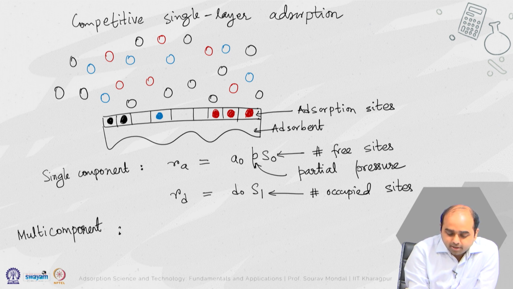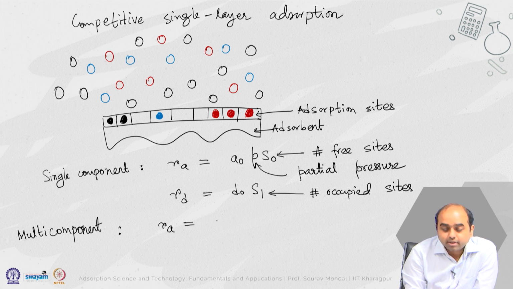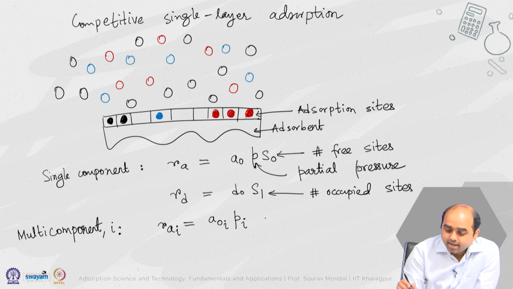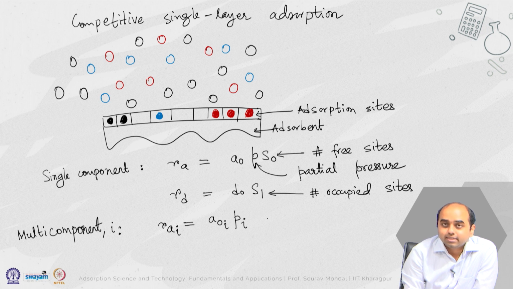In the case of the multi-component system, the rate of adsorption is defined for each species. So, the rate of adsorption for any ith species, because now it is species specific, I will write as R_A,i equals A_0,i, then the partial pressure of that species, and the available free sites in the system.